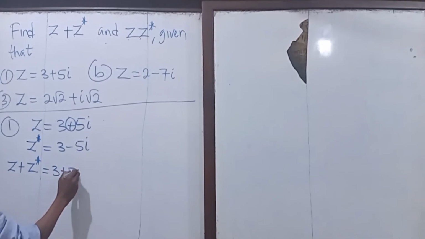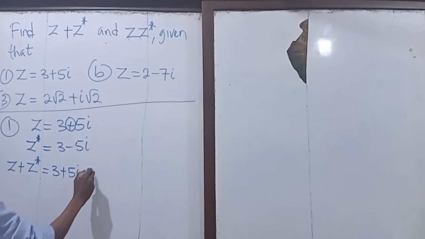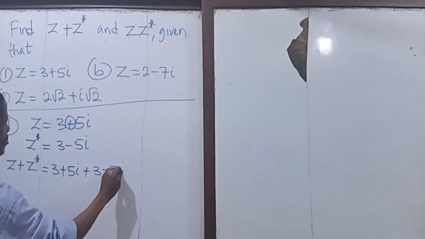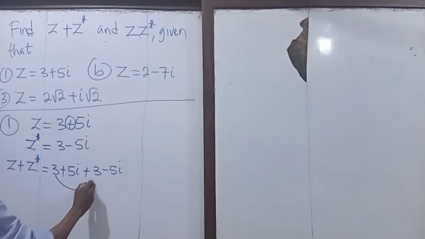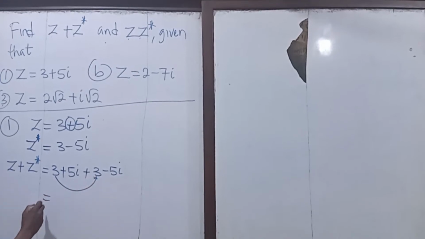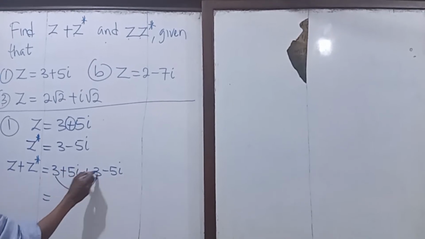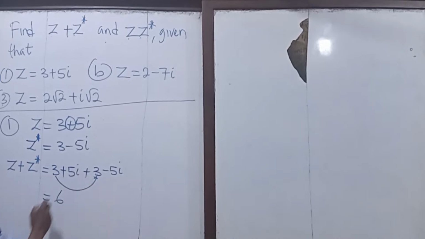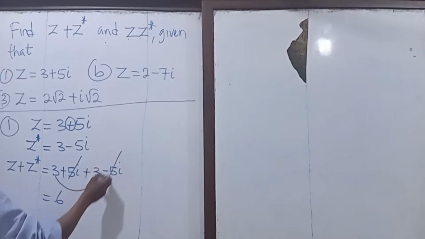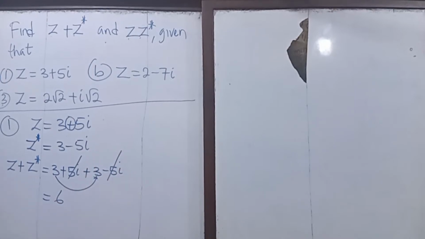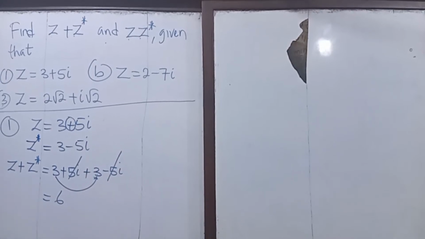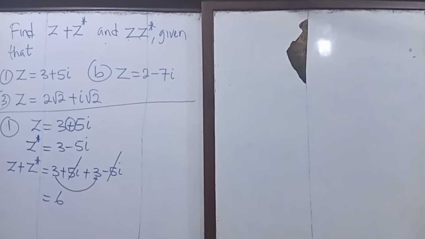Let's write this z1 plus z2. Okay, the real parts plus itself, real parts plus this, that's 6, 3 plus 3, and then the 5i, this one and this one we cancel. Okay, so that's 6.